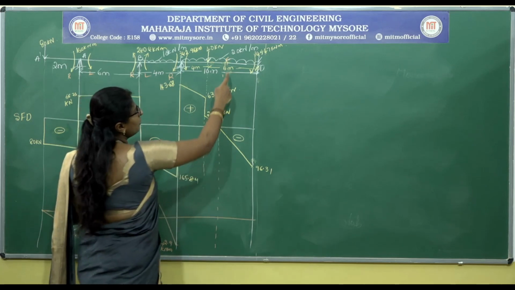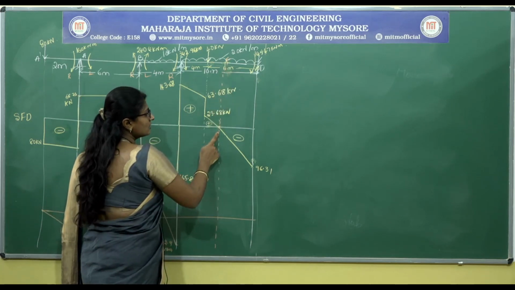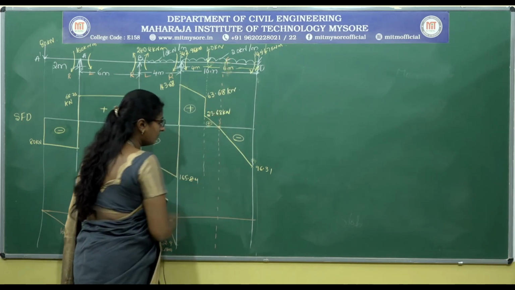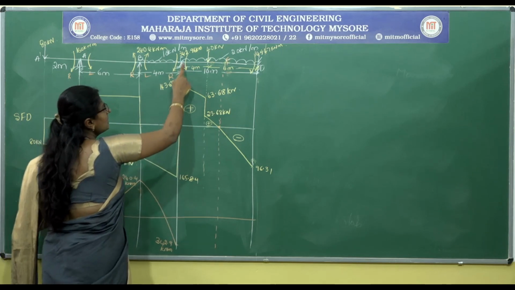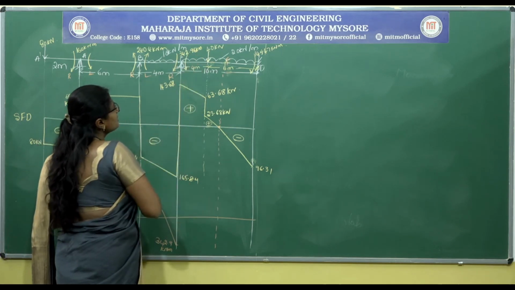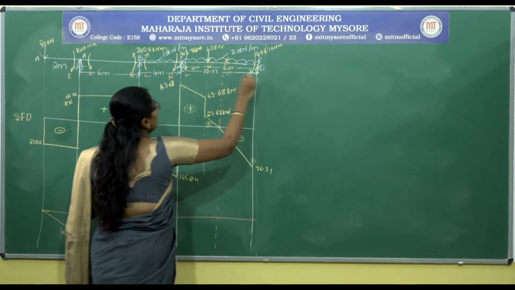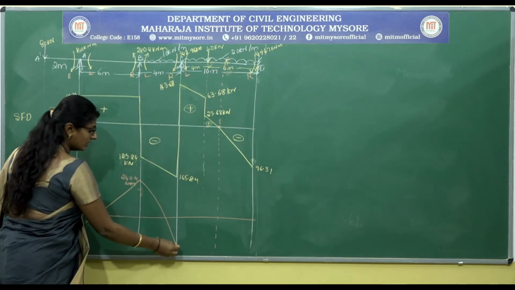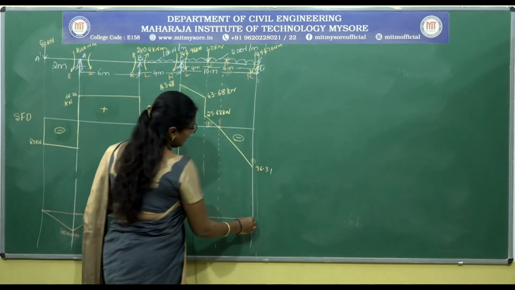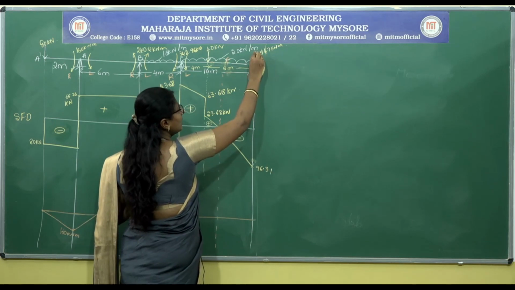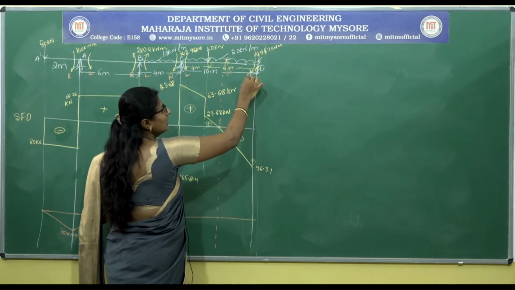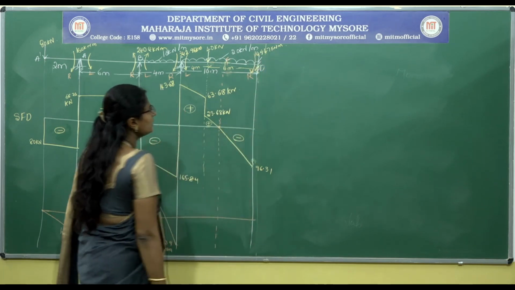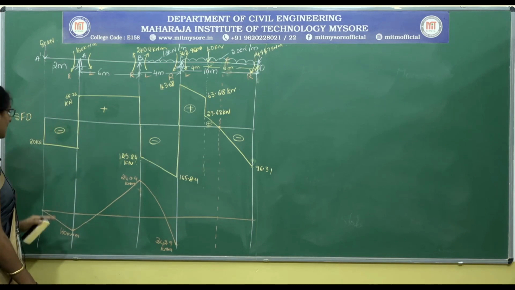Okay. Now, between C and D, this is the point where we get the maximum bending moment since the shear force is 0. I have considered the point F. So, here we can mark for the maximum bending moment. Before that, we have the end moments, that is 342.96, which is acting in the anti-clockwise direction. So, left side anti-clockwise is again negative, which is already done. Then at D, 145.47 acting in the clockwise direction at the right side. So, in the right side, the moment acting in the clockwise direction is again considered as negative.